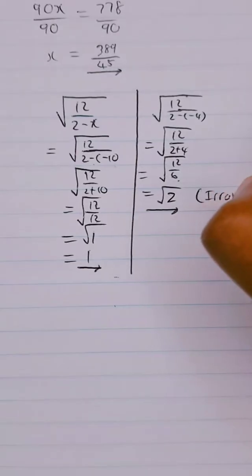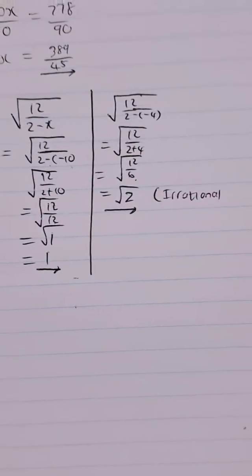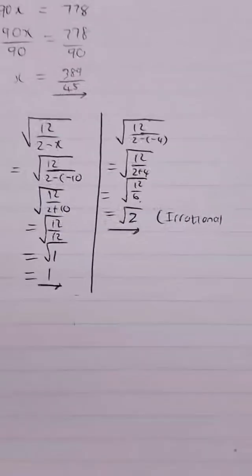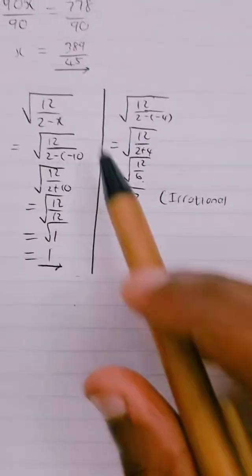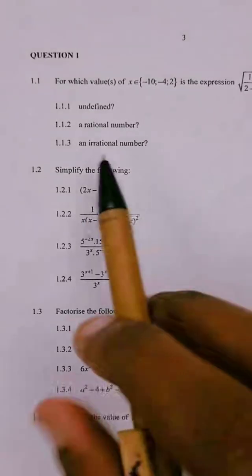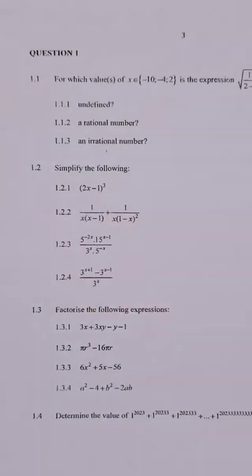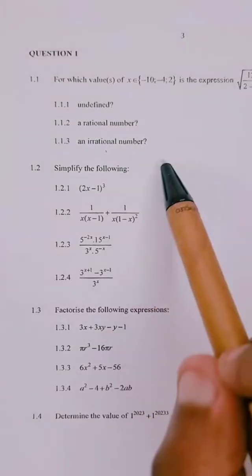It is irrational. So it's only when x is equal to negative 10 that we get a rational number. Substituting the last number helps us understand how we get an irrational number: it's when x is equal to negative 4.